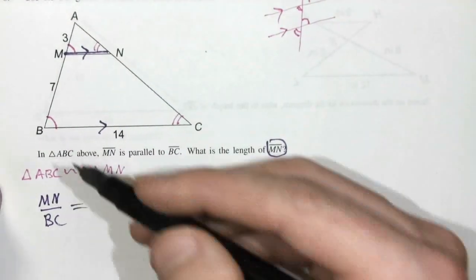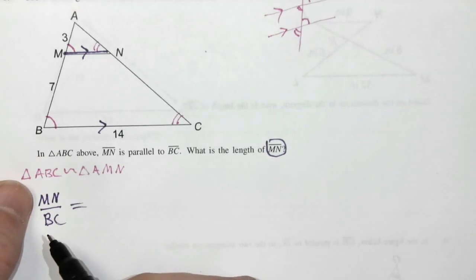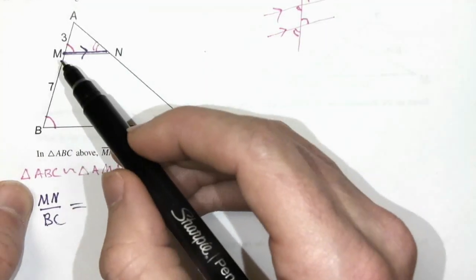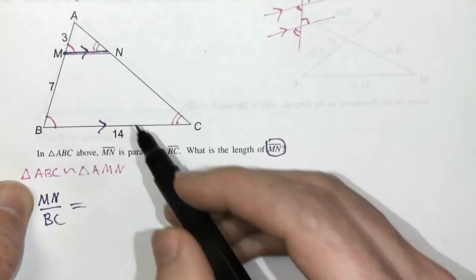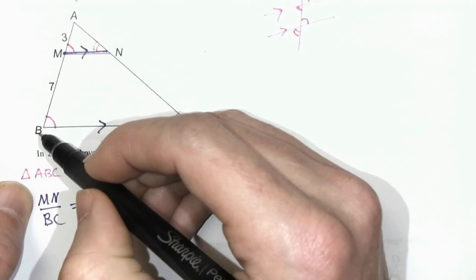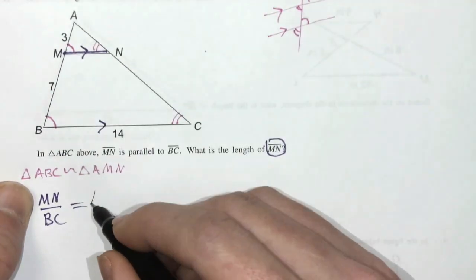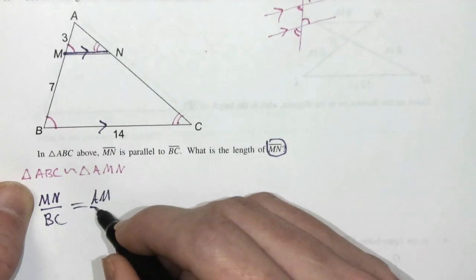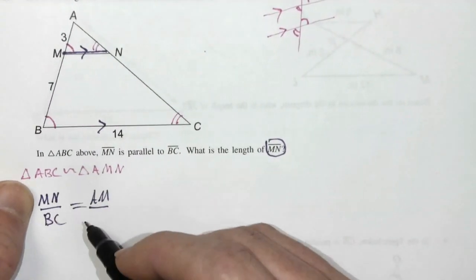Well, I actually know AM and AB, so I'm going to use those. So it was MN over BC, and I'm going to use AM over AB, and AM comes from the same triangle as MN, so it goes on top. And then AB, because AM corresponds to AB.